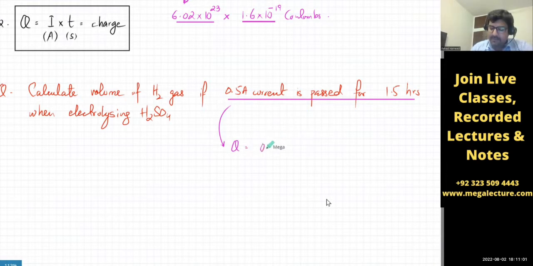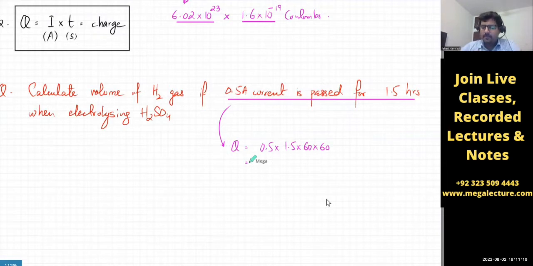That's 0.5 amperes, and 1.5 hours is 1.5 into 60 into 60 seconds. So how many coulombs is this? Has anyone calculated it? What is the value in coulombs? Did anyone calculate it?